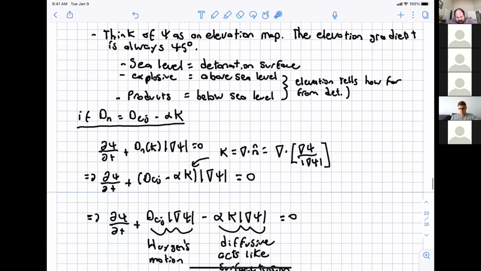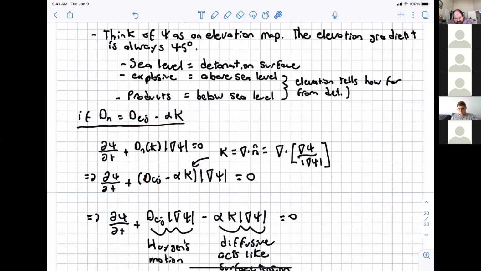Well, we have our signed distance function and we wish to evolve it. So we have our Dn here, and now we're just going to substitute this in. We have partial psi partial t plus D_CJ minus alpha kappa times the gradient of psi equal to 0.